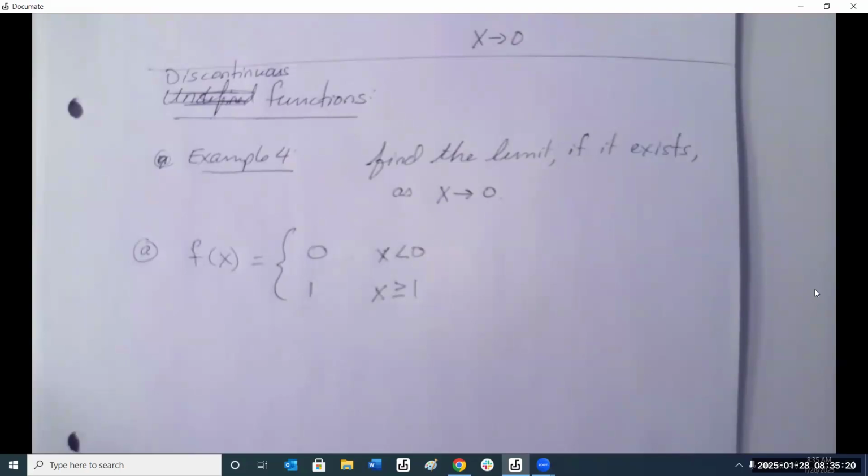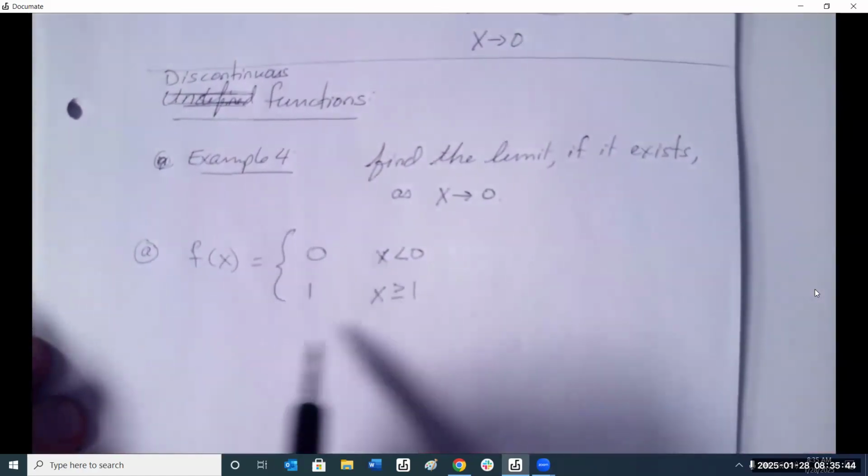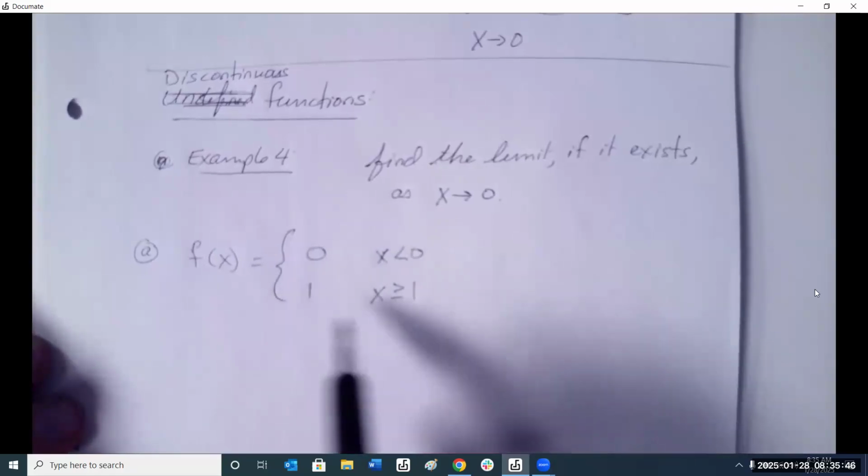So what's that? As x approaches 0, what's the limit of this function? It may help if you graph it. If you graph it, what's it going to look like? What kind of equation is this? It's got a name.